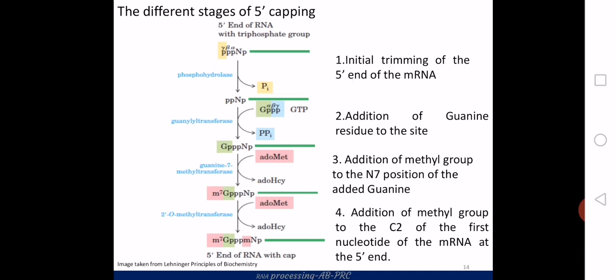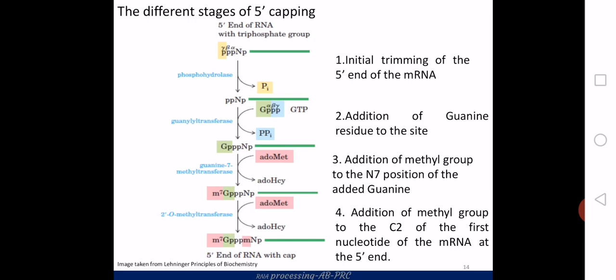And this is the addition of the 7-methyl guanosine, and actually this is addition of the guanosine, and after this addition of the guanine residue to the 5' end, there is a methylation process, and this methylation is done by the enzyme guanine 7-methyl transferase, and the methyl group is supplied by S-adenosyl methionine or AdoMet, and there is addition of the methyl group to the 7th position.